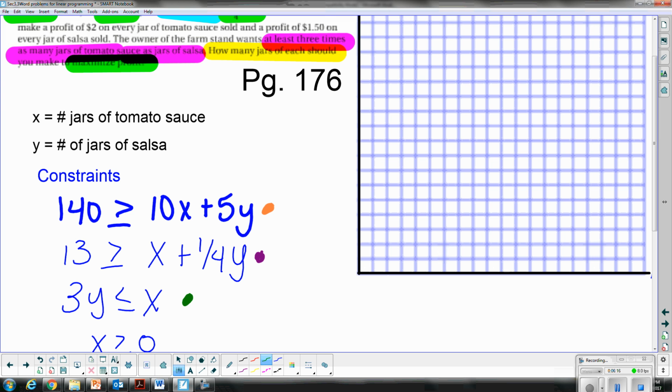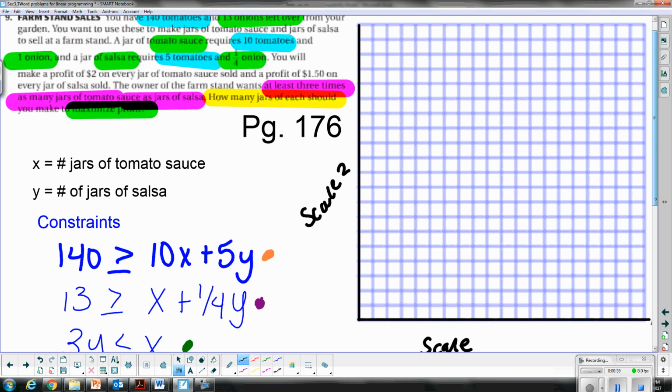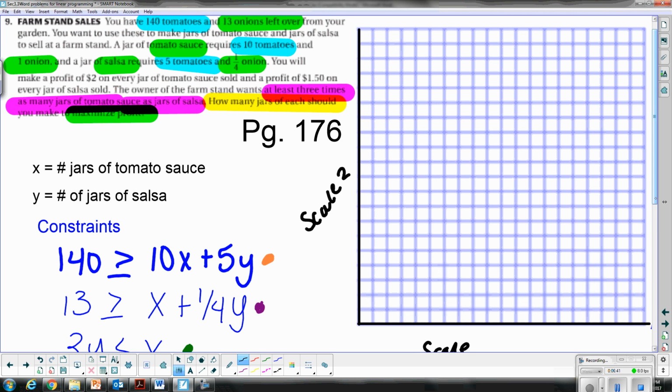So for the first one, 140 is greater than or equal to 10x plus 5y in standard form. I'm going to find my x and my y intercepts. I'm going to use a scale of 2 here and a scale of 1 here, just so that I can actually fit everything on my graph. It's not going to fit exactly perfectly, but it'll be pretty close.